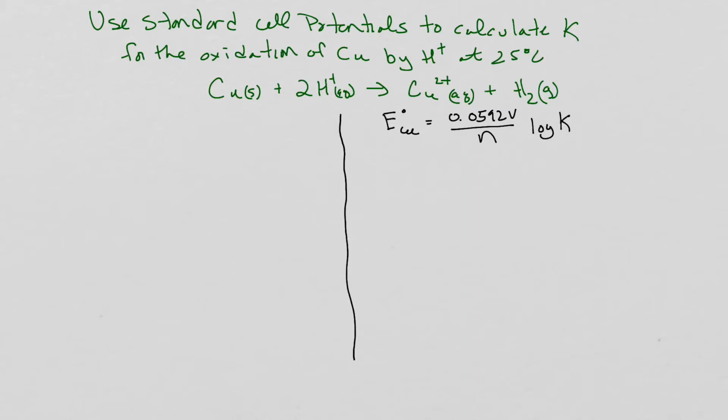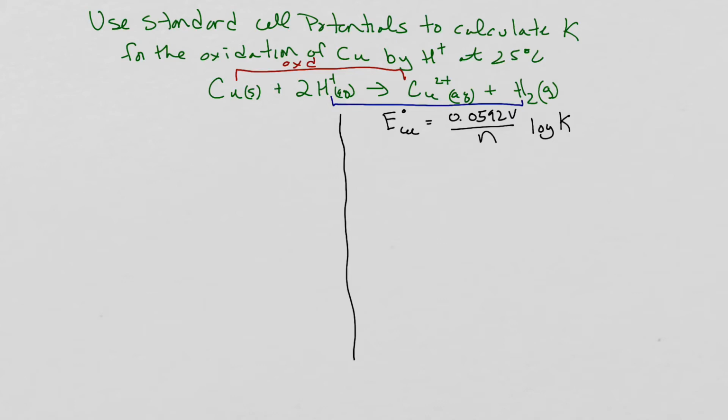Now, of course, before we can do any of this, we have to have a cell potential. In order to have a cell potential, we need to calculate it from our standard reduction potentials. So again, if we look at our process here, we see that copper is being oxidized from copper to copper plus 2, and hydrogen is being reduced from H plus to elemental hydrogen, going from positive 1 to 0.